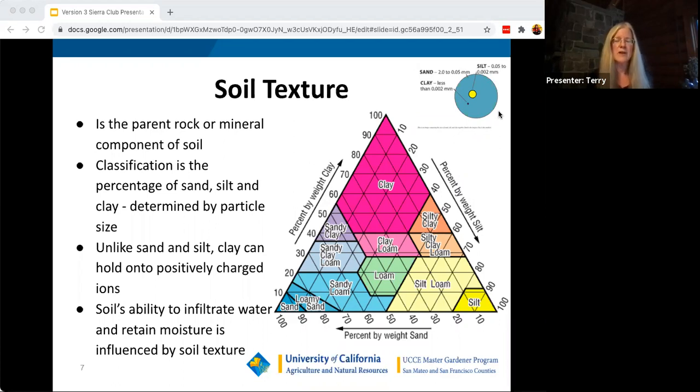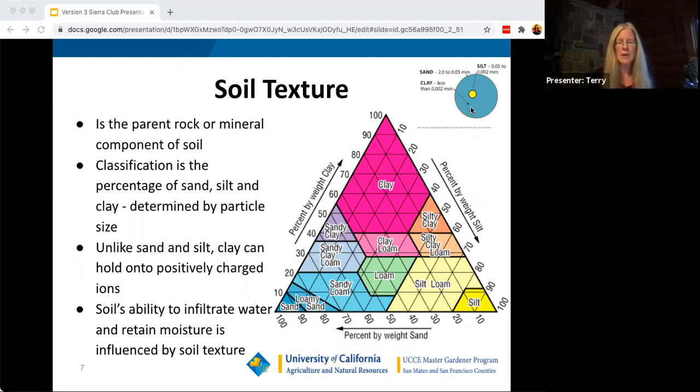If you look in the top right-hand corner, you'll see that blue dot. That blue dot is an example of a grain of sand compared to the yellow dot, which is an example of the size of silt compared to sand. And then that teeny tiny little dot that you can hardly see that's pink would be the clays.